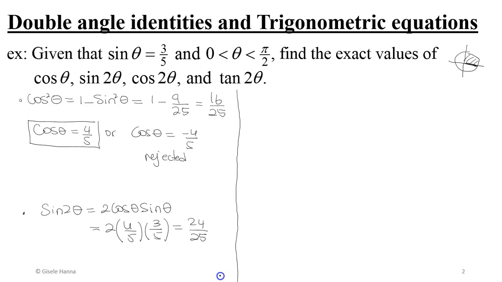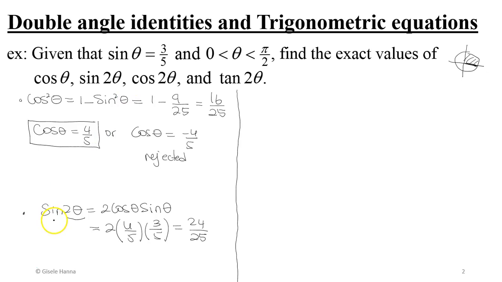Now, in order to find cosine 2 theta, I have two ways I can go here. I could use the double angle identities of cosine, or since I have sine 2 theta, I could use the Pythagorean identity.